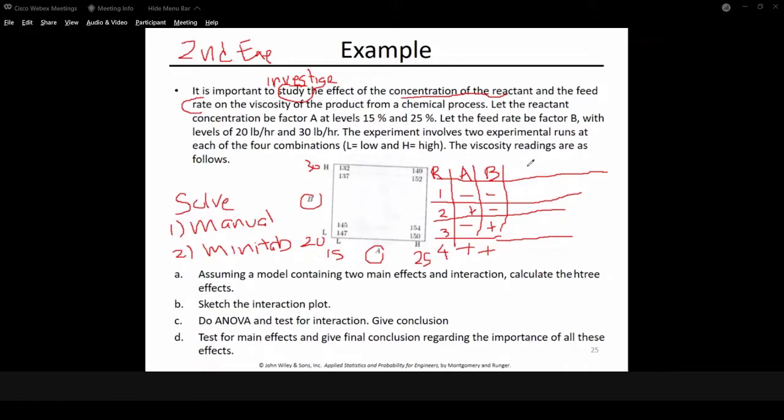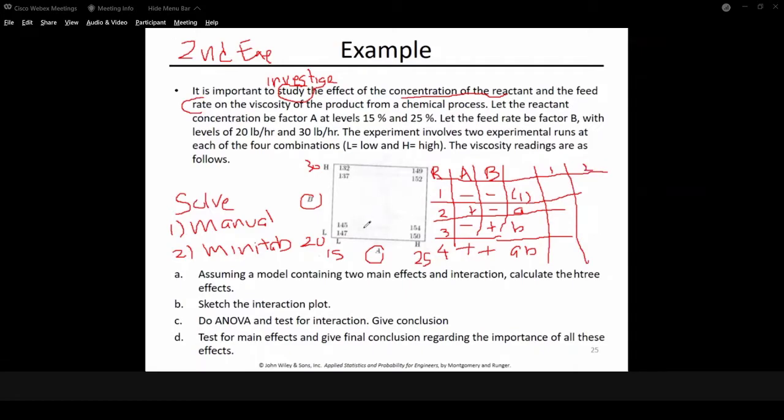The symbols: this is 1, this is A, this is B, this is AB. Then put the data: first replicate, second replicate.